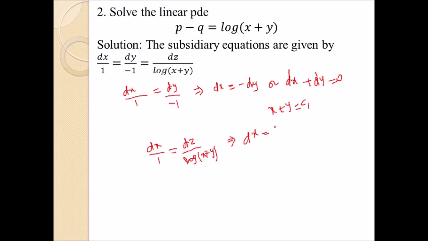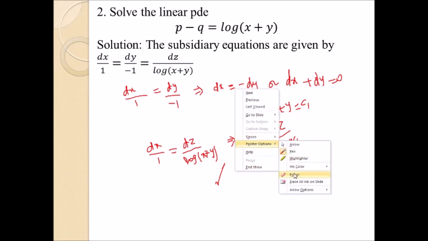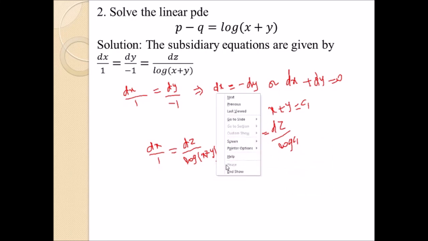This is dx equals to dz by log of c1. So on integrating, we get x equals to z by log c1 plus c2.